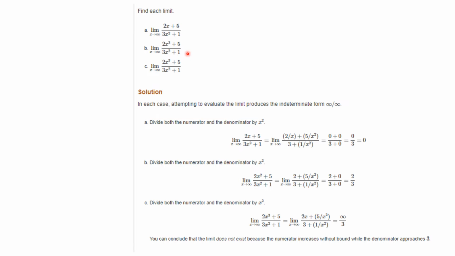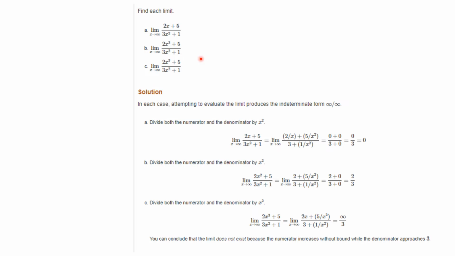Now here the degree of the numerator is 2 and the degree of the denominator is 2. So when I divide by x squared, top and bottom, I get that this goes to 2 over 3. And the last one, we have x cubed over x squared, and when I divide top and bottom, I get that it is like 2x, and that is going to go to infinity.